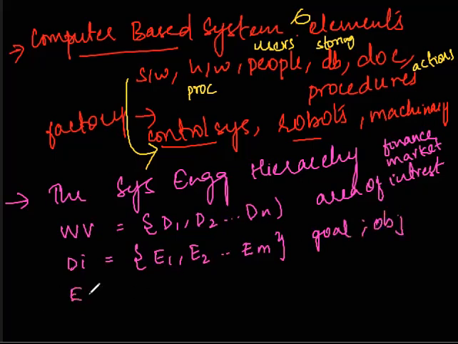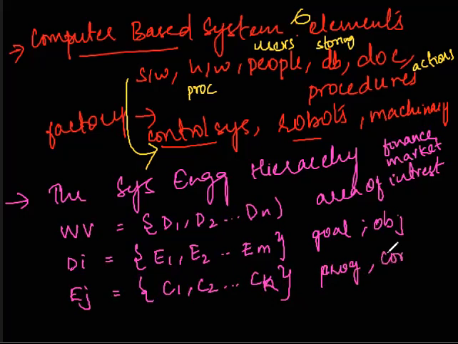And each element, defined by EJ, is going to make use of technical components that go from CI to CK. These components can be a program, a component, or a module.